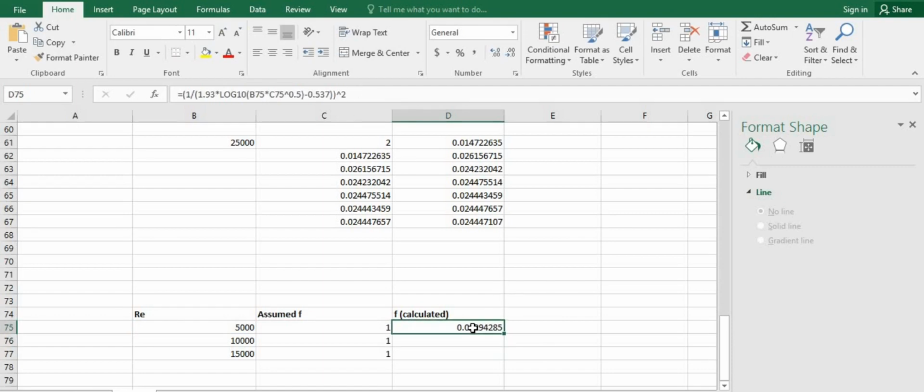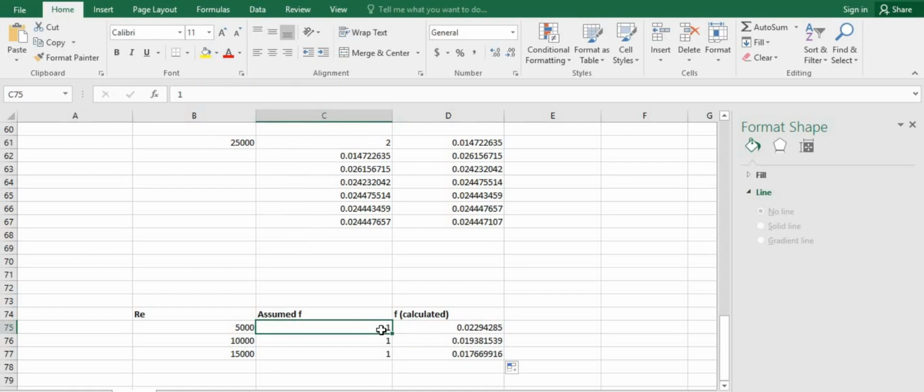Then you can note that we didn't put the dollar sign for the Reynolds number value because for each row there's a different value of Reynolds number, and it doesn't really matter in this process. So you can drag down and repeat the procedure for the other values, but then the trick lies here. You go to the cell for the assumed f, then you press equal to, then you put the cell address of the calculated f, then you press enter.